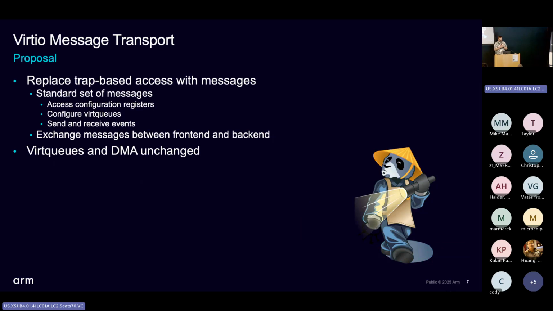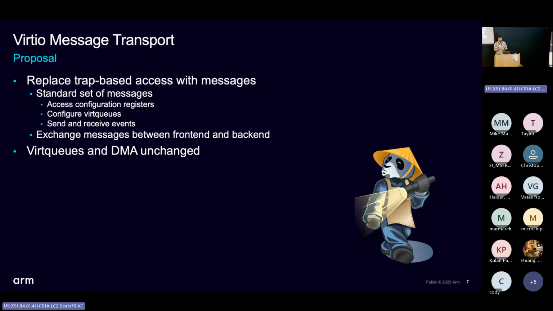The Virtio message initiative was started to find an answer to these problems. We also wanted Virtio devices to be emulated in the secure world on ARM.